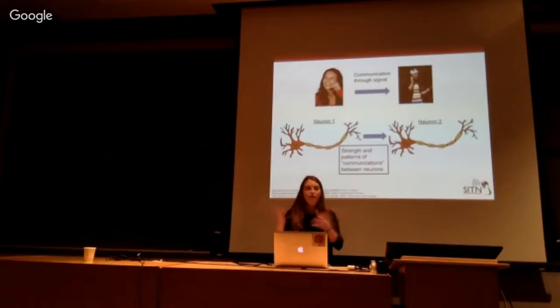So how strongly do these neurons talk to each other? How often do they talk to each other? Or you might change the patterns of communication between neurons. So which groups of neurons are talking to which other groups of neurons? So it seems, for reasons that we actually still really don't understand, that these processes are somehow relevant to causing obesity, and that's something we're actively working on trying to figure out right now.